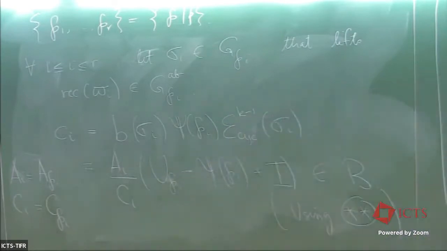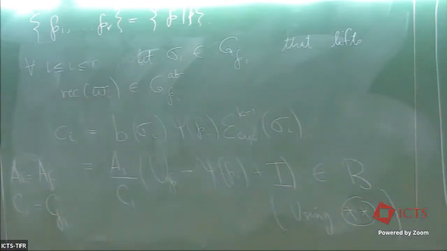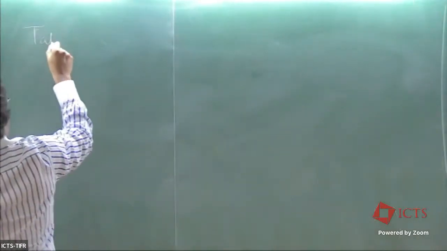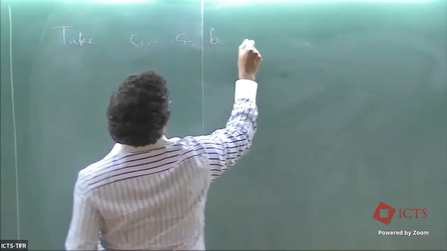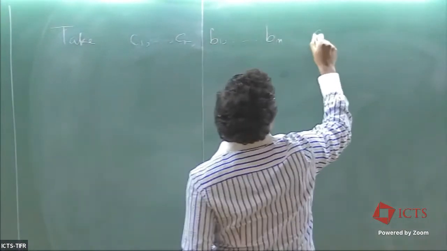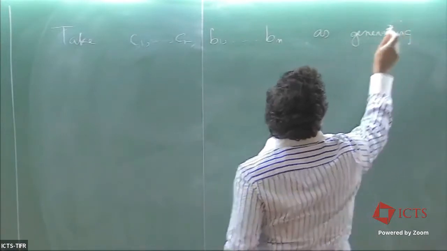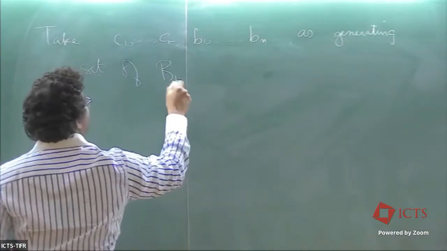Now I take a generating set for my B_P bar. Take c_1 up to c_r, b_1 up to b_n as a generating set for my B_P bar.